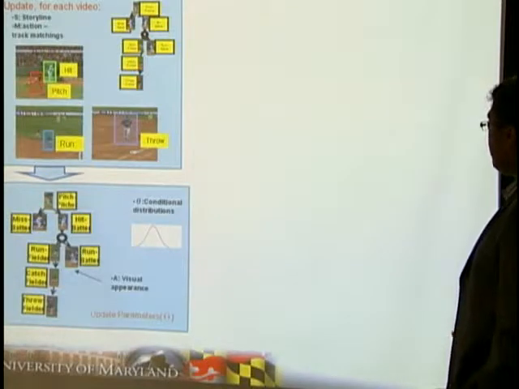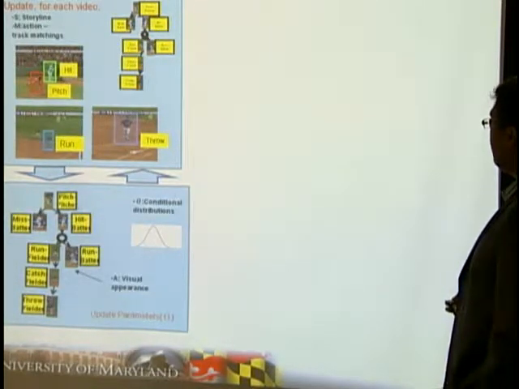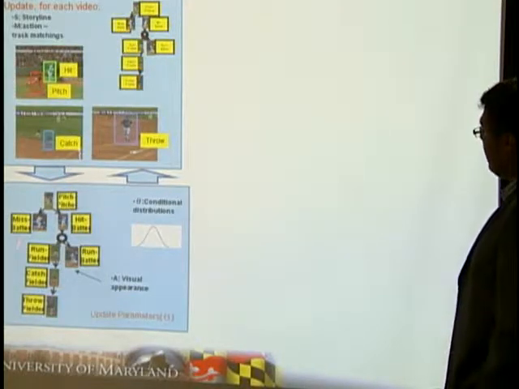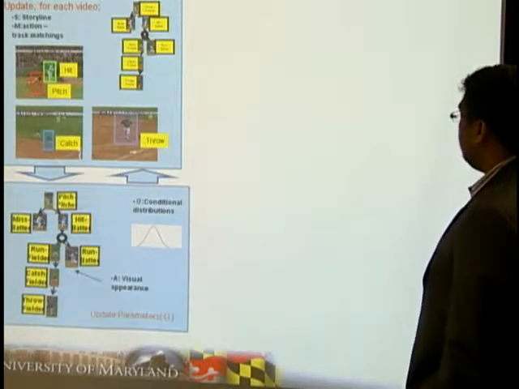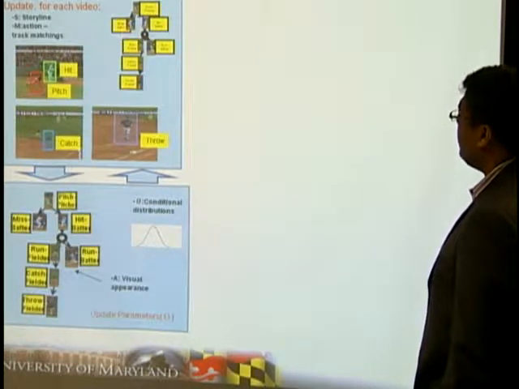Based on the new appearance model and the new conditional distributions, you redo the track labeling, and some of the track labelings might improve. For example, due to a better appearance model of catch, you have a better labeling in this case.